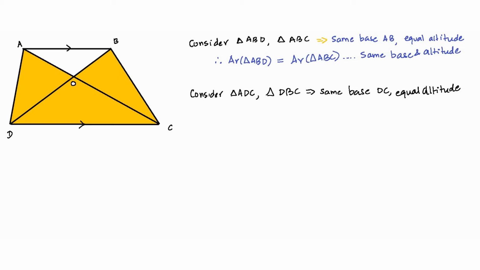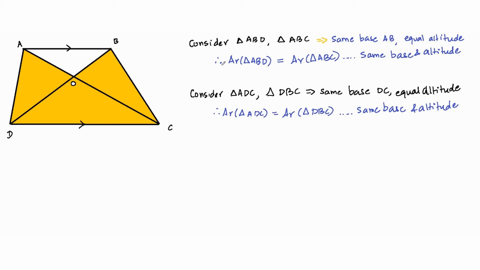That is why these two triangles will have the same area. So I can say, therefore, area of triangle ADC is equal to area of triangle DBC because of same base and altitude, right? So we have found two pairs of triangles which have the same area within a trapezium.